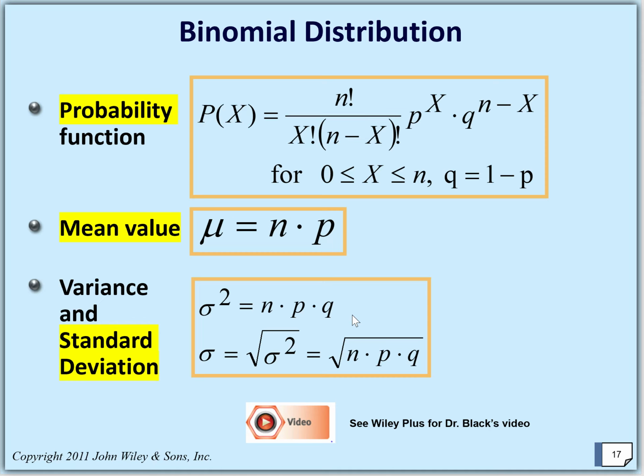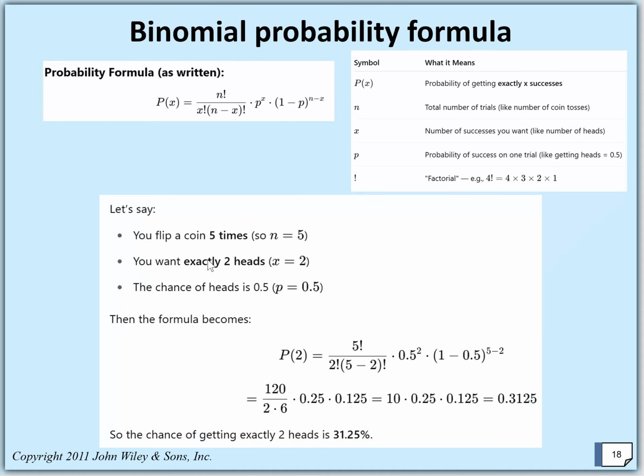This is the probability formula for a binomial distribution. n is the total number of trials. X is the number of successes you had. P is the probability of success, and then factorial, you know how to do that.